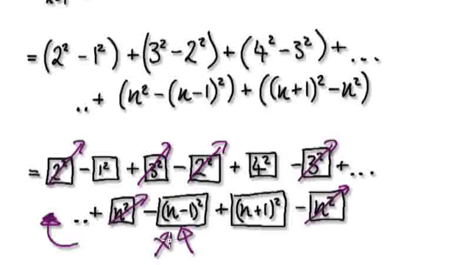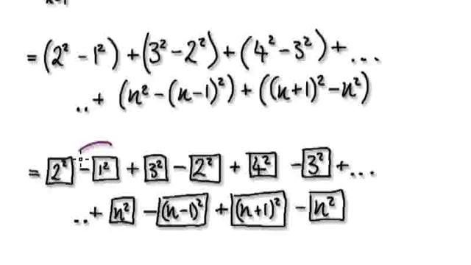This 4 here will get cancelled out with something else later over here, and this here will also be cancelled out with something over here. They will all cancel each other out, except for this term and this one here.